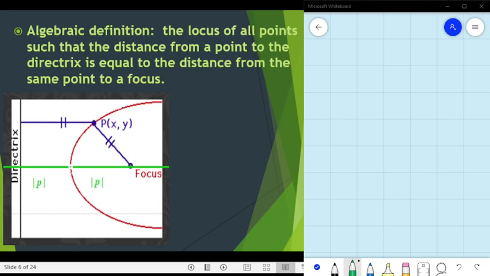Okay? So this is an example of a parabola, and this is called the vertex. And by the way, the parabola is opening to the right. So, this is the vertex. And here is the focus, and this line is the directrix.